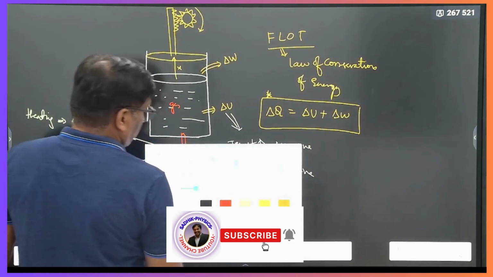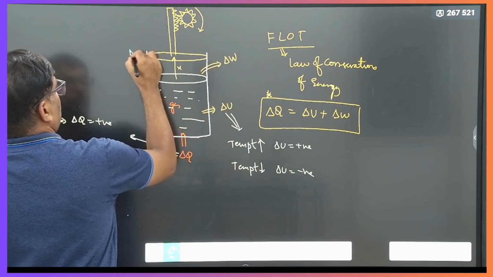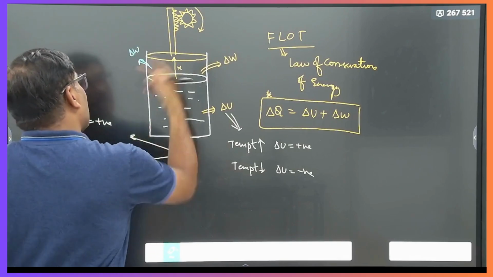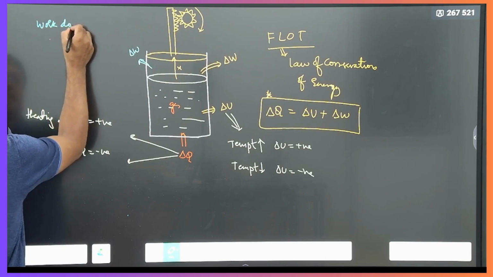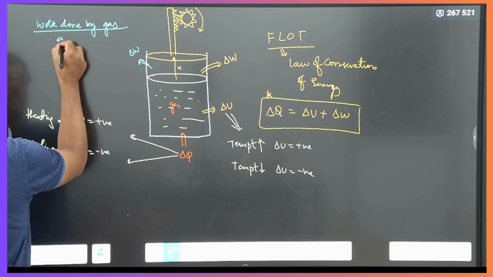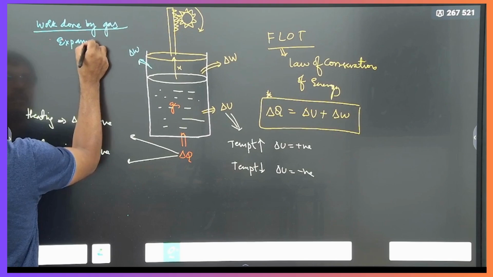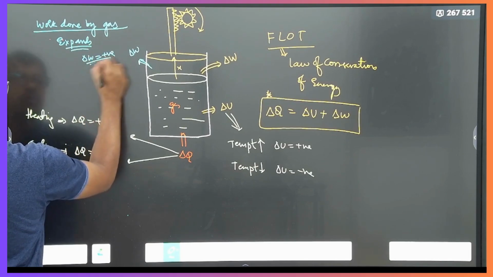Delta W, that is work done. If it is work done by the gas, that means it expands. When it expands, delta W is positive, right?